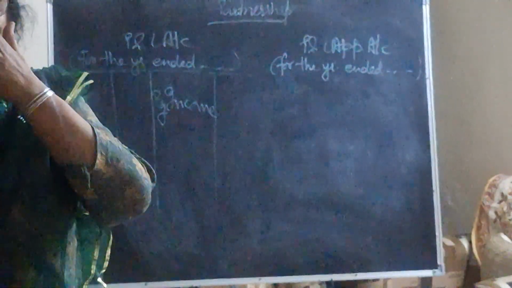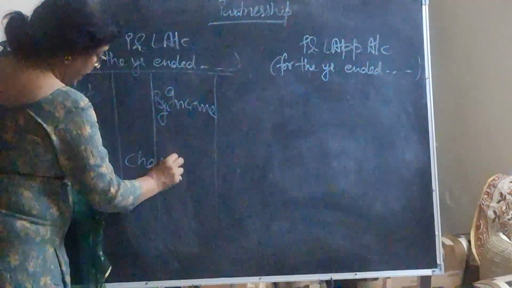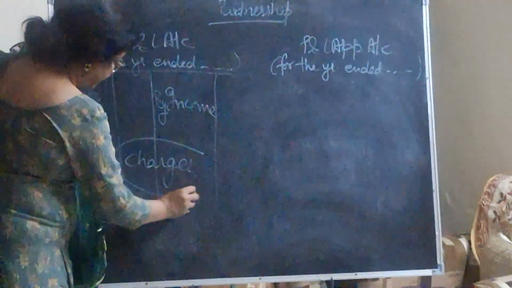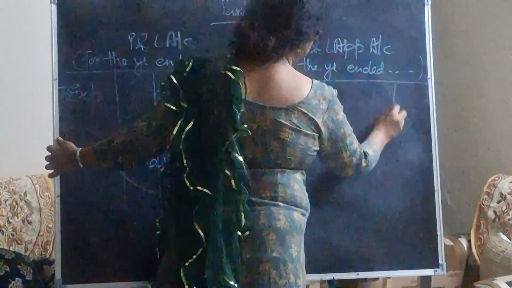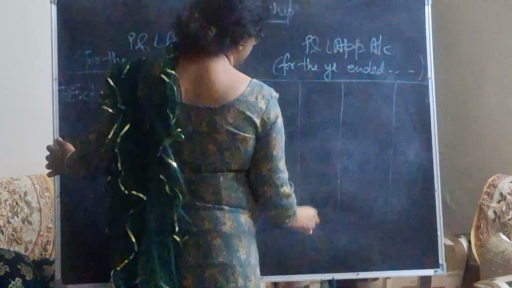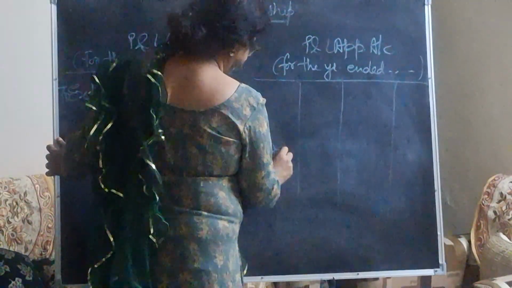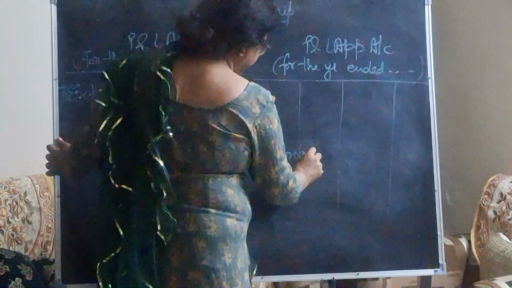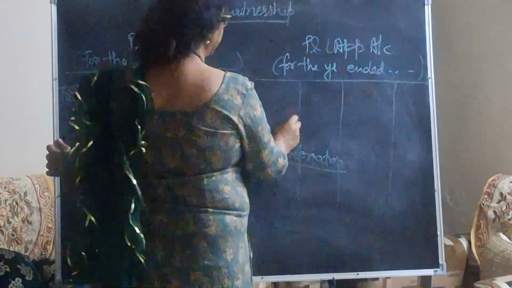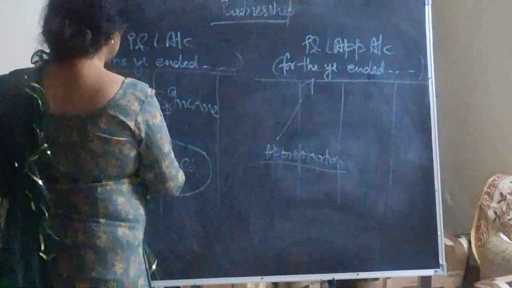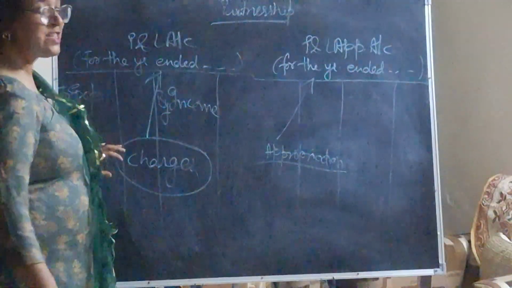So the P&L account generally includes all the payments which are compulsory payments, or we can say the charges. So here we are going to make a difference between a charge and an appropriation. All the appropriations are in the P&L appropriation account, and all the charges are shown in the P&L account. What is a charge?